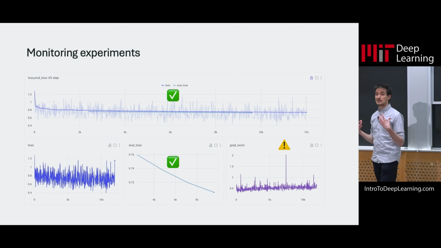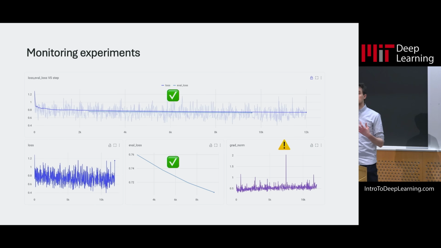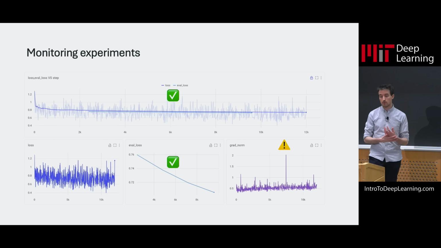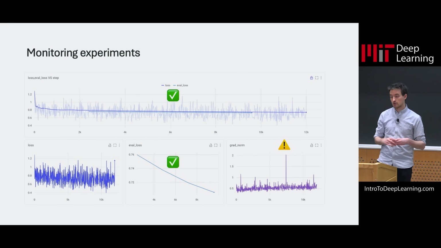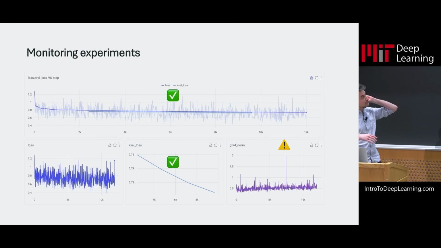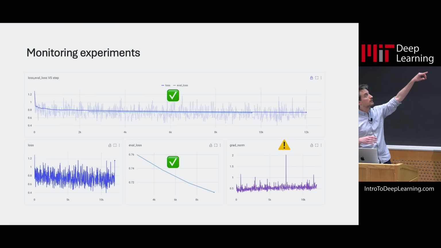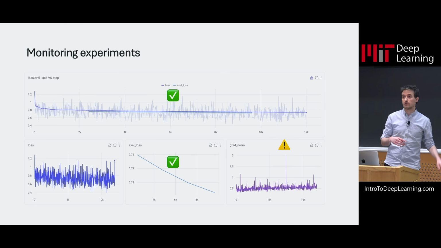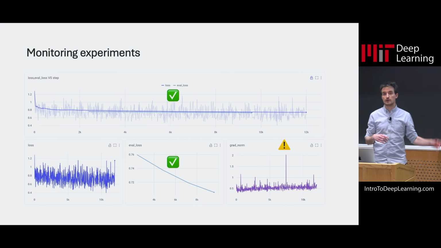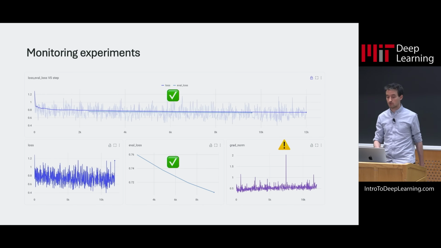And you don't want to see too many spikes, because this might be a problem with your data, for example. You don't want it to raise too much either. So here, my gradient norm is okay. I don't think it's a problem, because the eval loss and the training loss are good. But if you see this kind of behavior, it might be a sign that the training is not going too well.